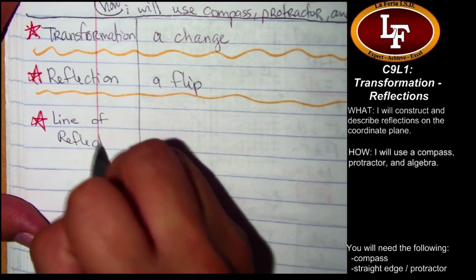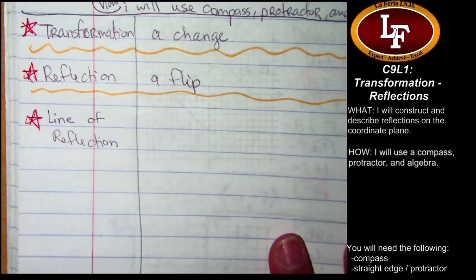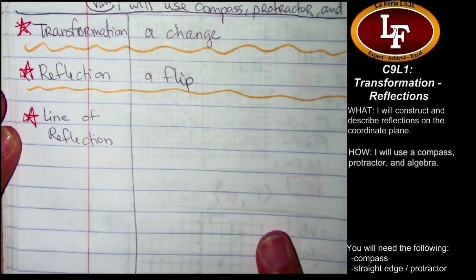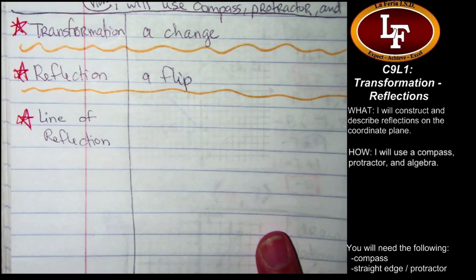And the last word for today is line of reflection. What's line of reflection? The x-axis and the y-axis are examples of what could possibly be lines of reflection.